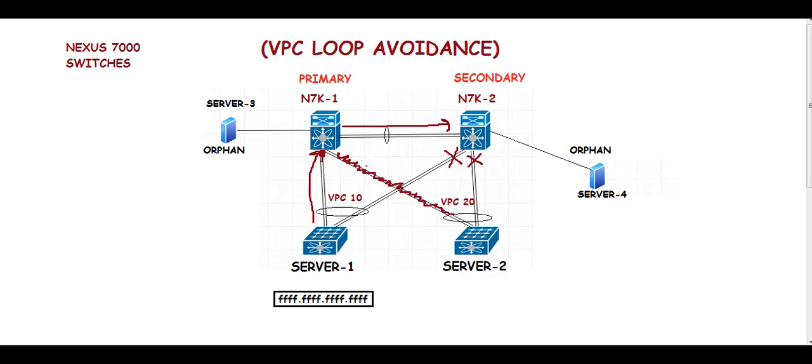If there is a link down on one of the member ports, only then will the traffic be allowed to enter into a VPC member port, travel over the VPC peer link, and go to another VPC member port. Okay. So this is the VPC loop avoidance mechanism.